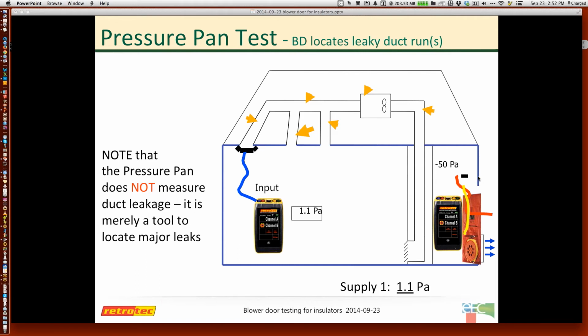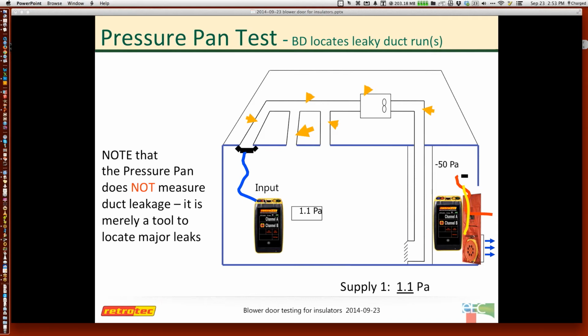So remember that if I have 50 pascals moving out of the house, then in theory I have 50 pascals moving into the house. So I can also use my manometer to determine how connected the attic is, or the garage, or the crawl space. It depends on what else I'm comparing it to.